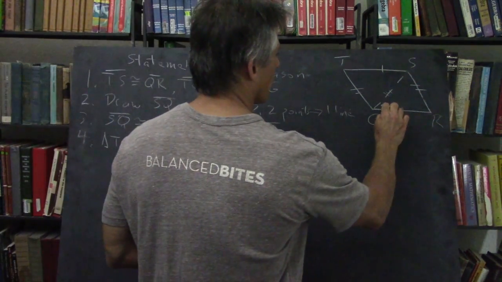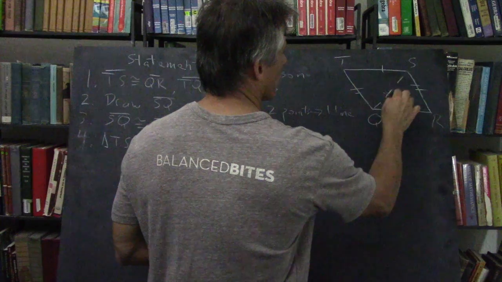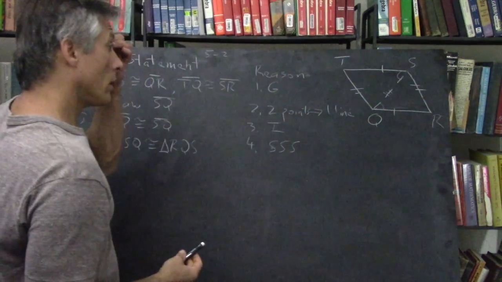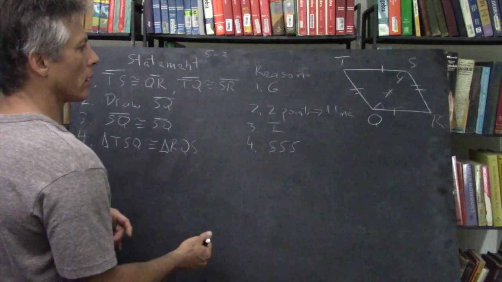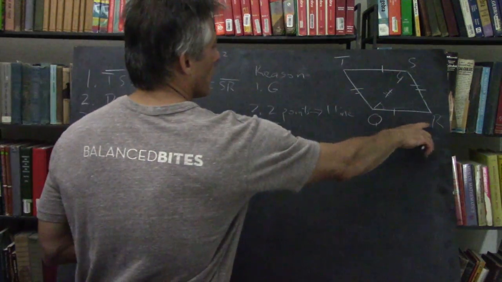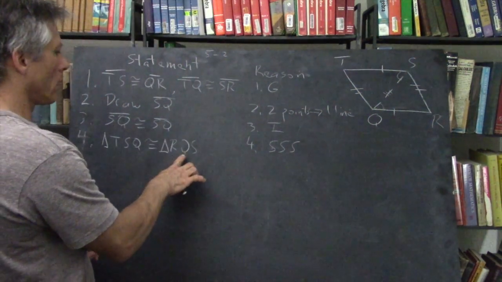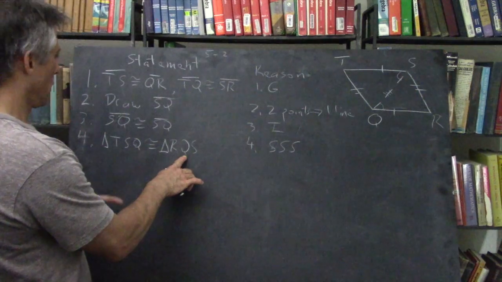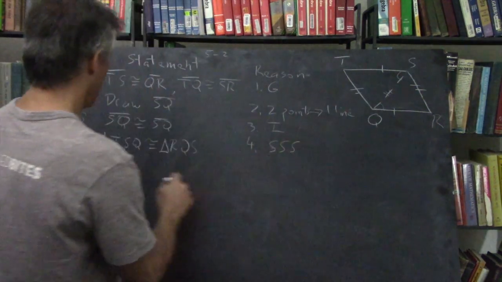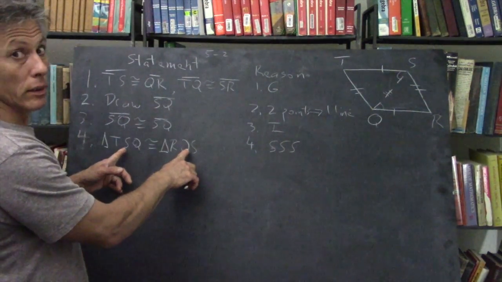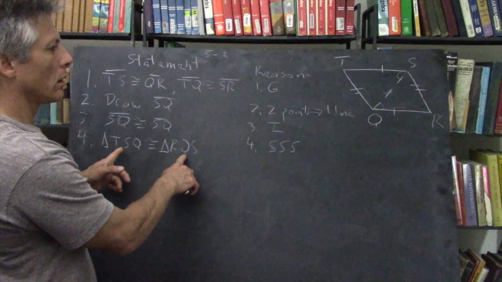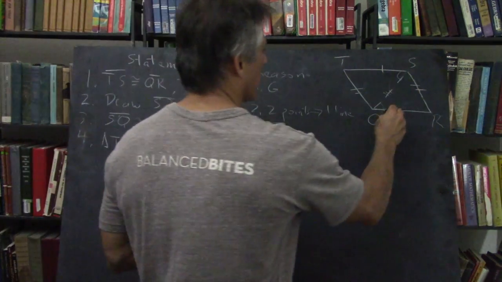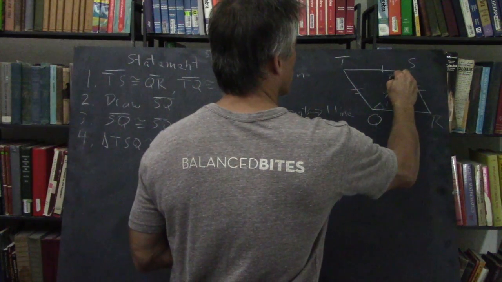So we know that this will equal that. Because remember, in the two triangles, in the second one here, our center letter is Q. And in the top one, our center letter is S. So S and Q are congruent to each other. We'll call it 1 and 2.